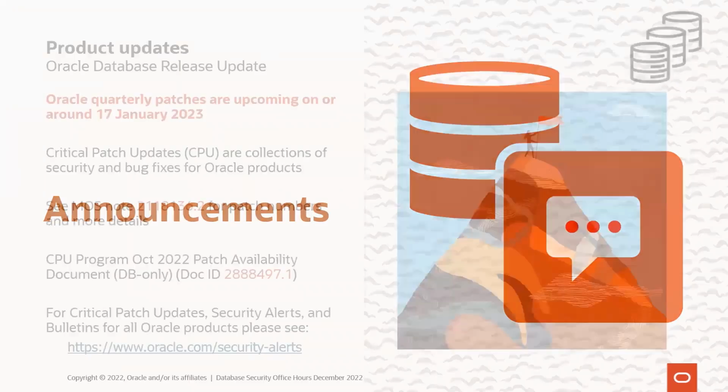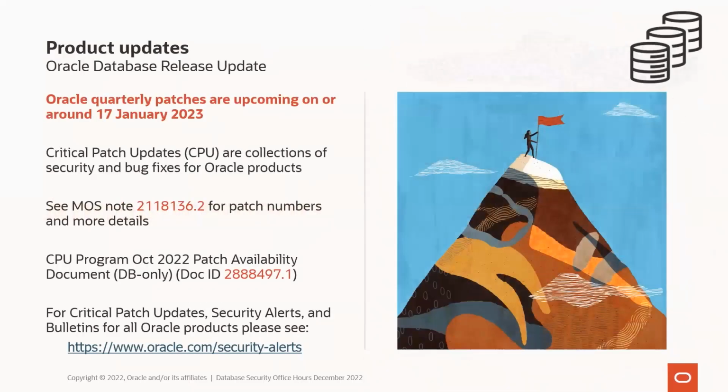Let's start with announcements. It's almost that time again, right? Every quarter, we're talking about patches. Patches are important. So we just got done with our October patches, hopefully, and then come January 17th on or around, we're going to release our first quarterly patch, our release update of 2023, a collection of security and bug fixes for Oracle products. So not just database, but client and application and all sorts of different products that we support.